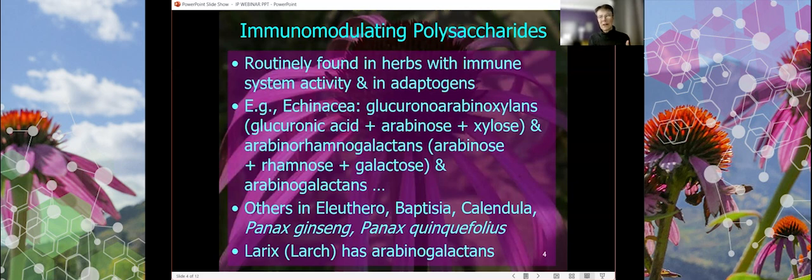But some of them we figured out what they're made of, right? And that's where a big old word like this comes from. So the first part is glucurano. That's referring to the uronic acid made out of glucose, called glucuronic acid, right? So that's part of the structure. Arabino refers to the simple sugar arabinose. Xylans refers to the simple sugar xylose.